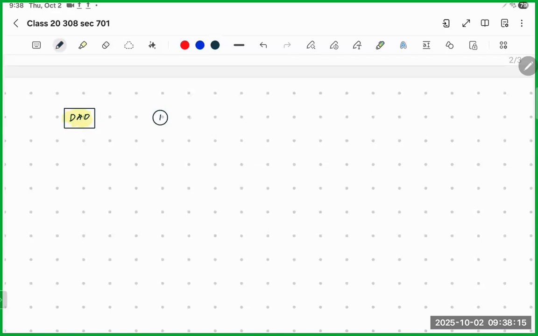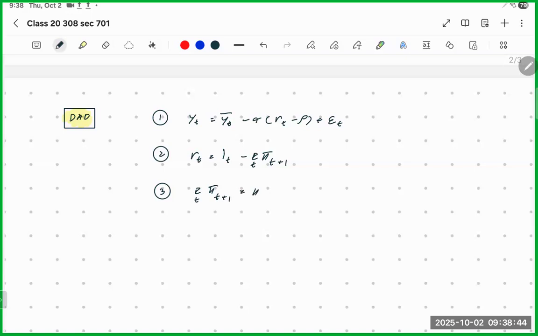The demand for goods and services: YT equals YT bar minus alpha, RT minus rho, plus epsilon T. I'm going to bring equation 2 here, the Fisher equation: RT equals IT minus expected T pi T plus 1. And then equation 3, adaptive expectation: expected T pi T plus 1 equals pi T.